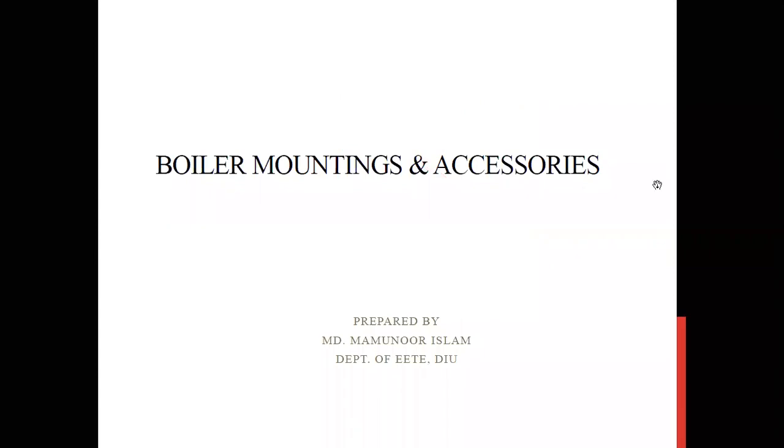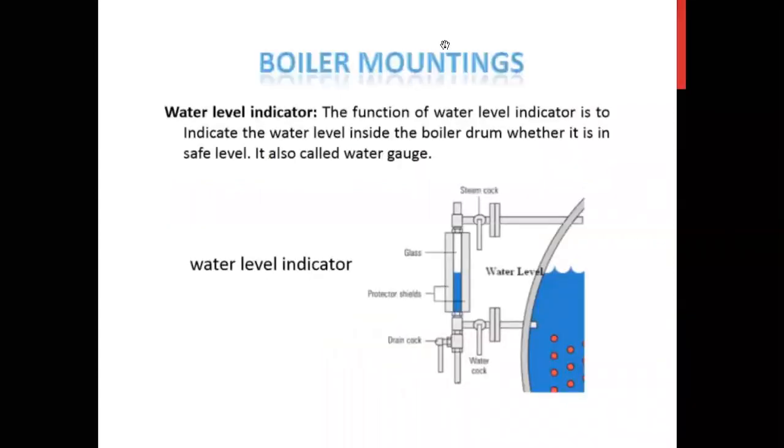So let's start with boiler mountings. The first thing is the water level indicator. We all know that the water level indicator basically gives the current level of water inside a vessel. In the boiler, we also need to know the current level of water, because when the water level is very low, we need to pump water into the boiler to refill.